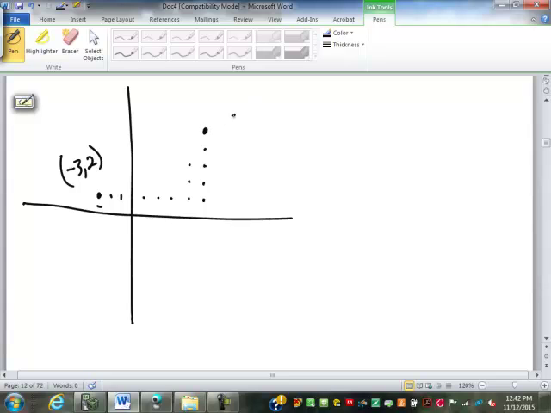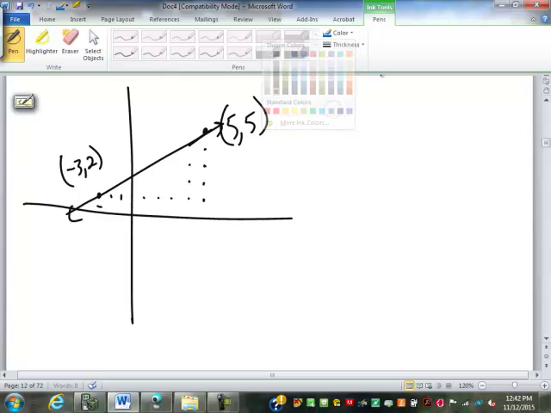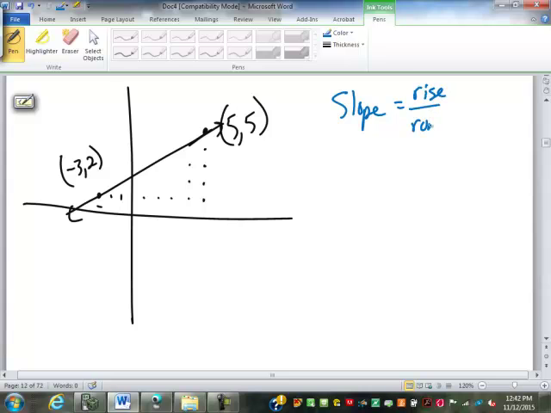Let's call this 5, 5. And I have a line going through it, like that. I want to find the slope of that line. Slope, remember, is a rise over a run. So we need to find a rise and run.